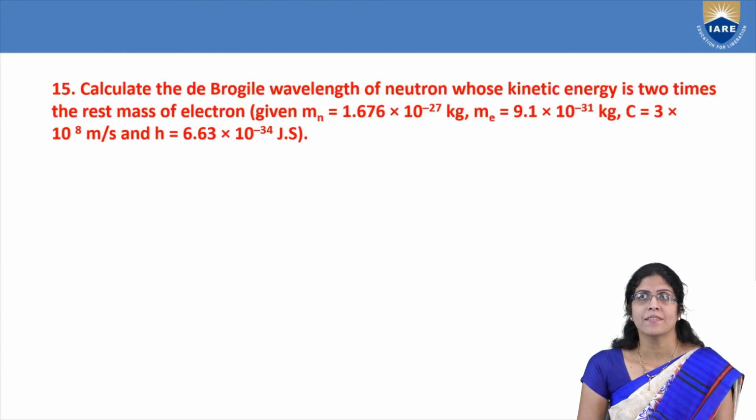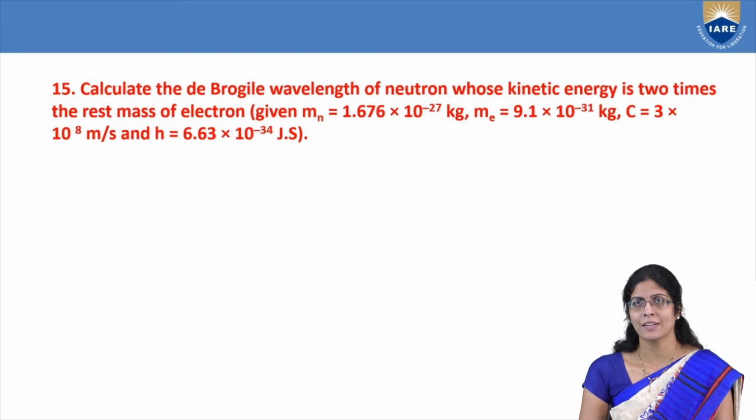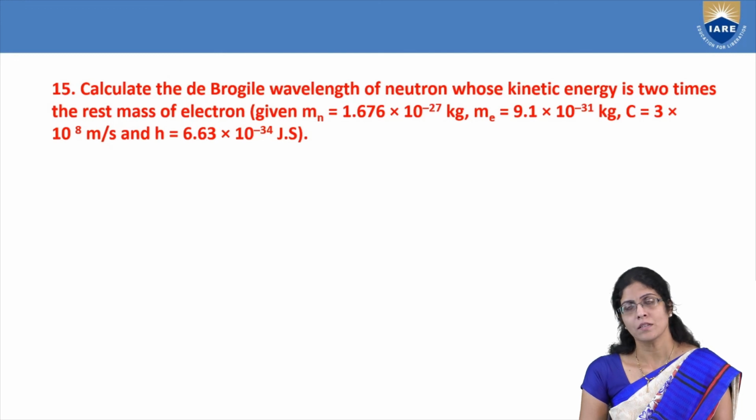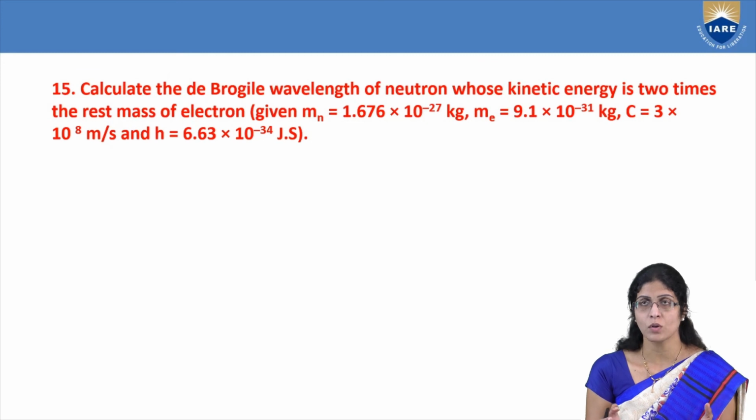Calculate the de Broglie wavelength of a neutron whose kinetic energy is 2 times the rest mass energy of the electron. It's a very simple problem, but here they have related the neutron's properties with the electron's physical property. We can do it very nicely. Just follow me, because you are given everything.